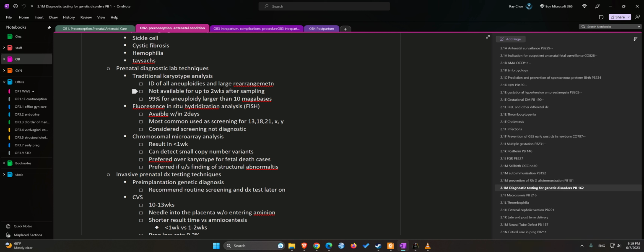It is preferred over karyotype for fetal death cases because it doesn't need to use live cells. It is also preferred if there are ultrasound findings of structural abnormalities.